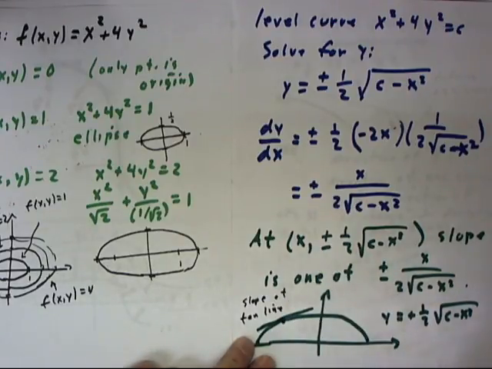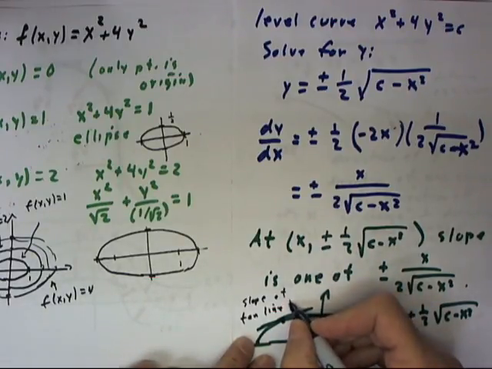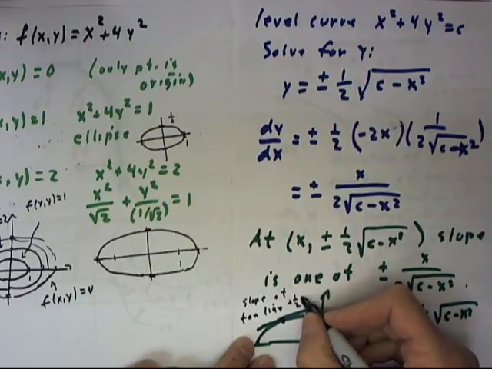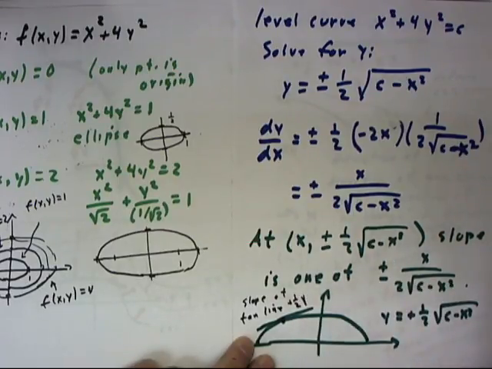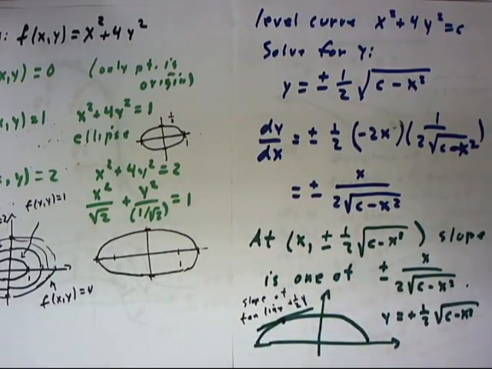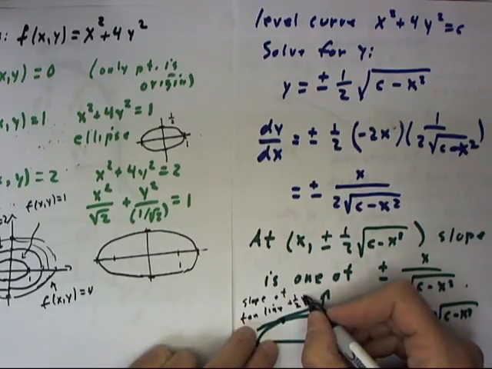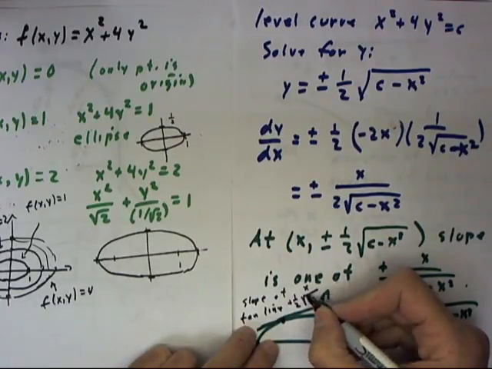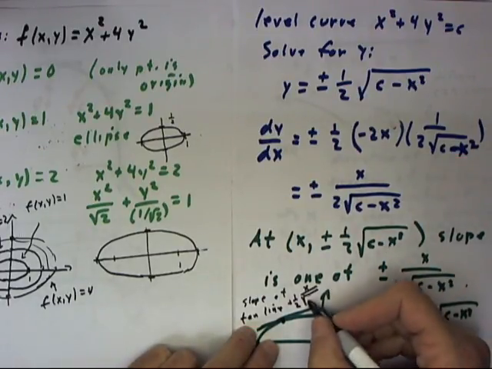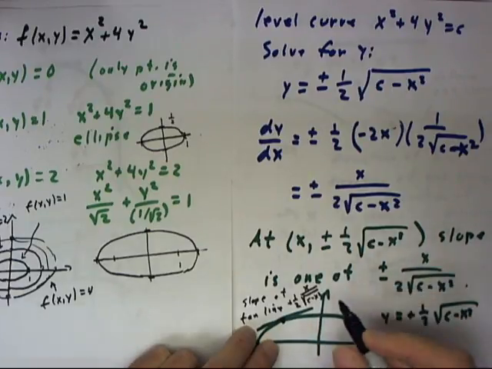The slope of the tangent line is plus 1/2, and it's going to be x over the square root of c minus x squared.